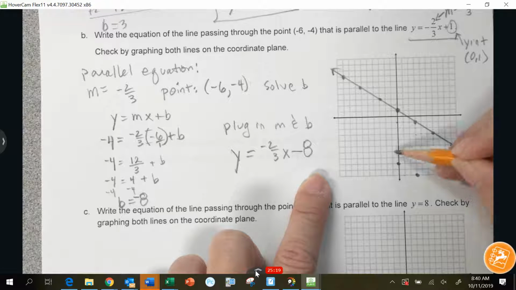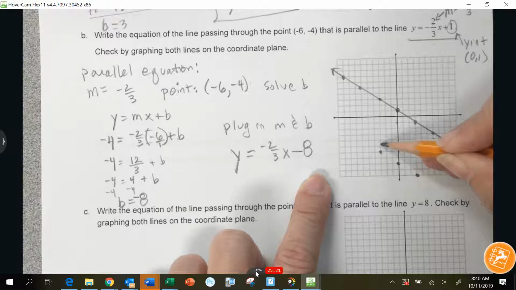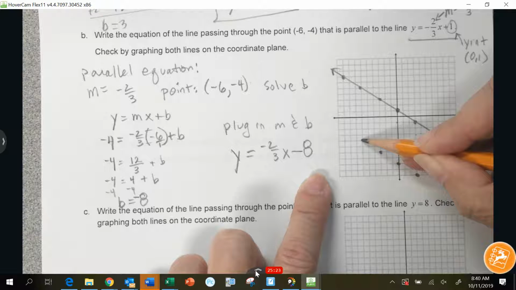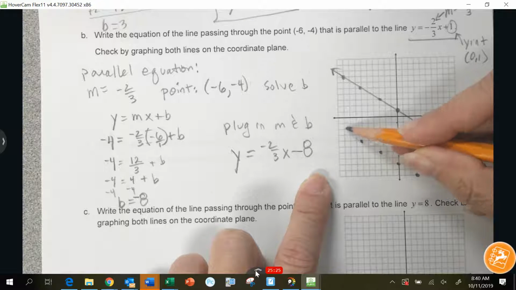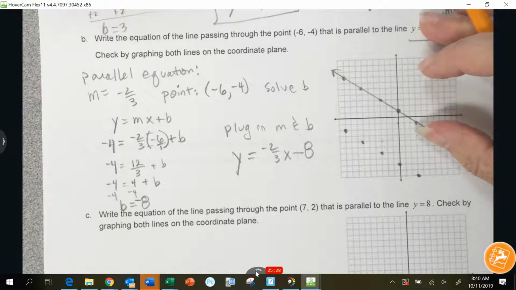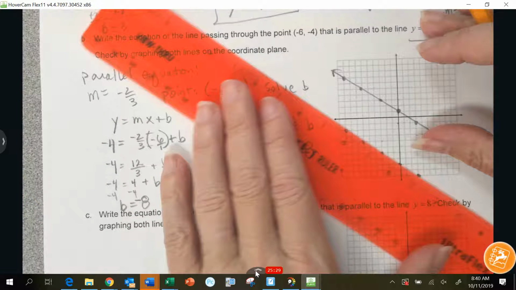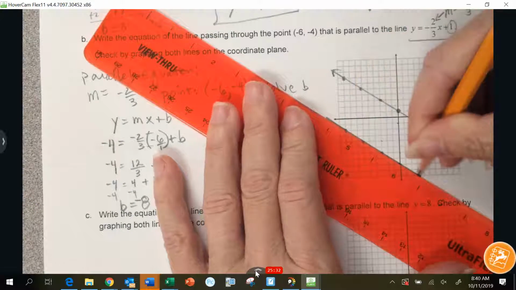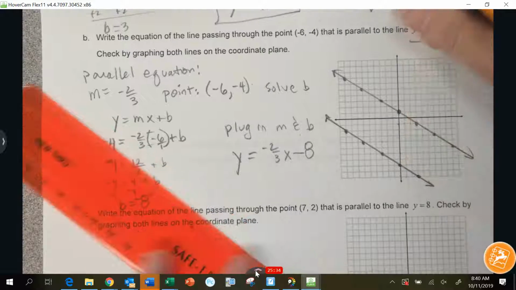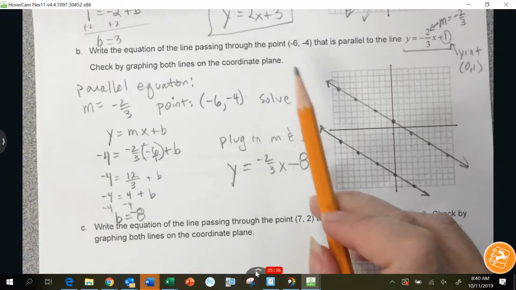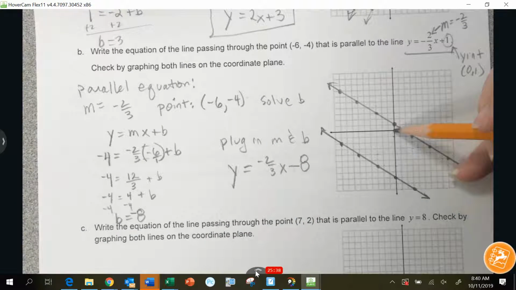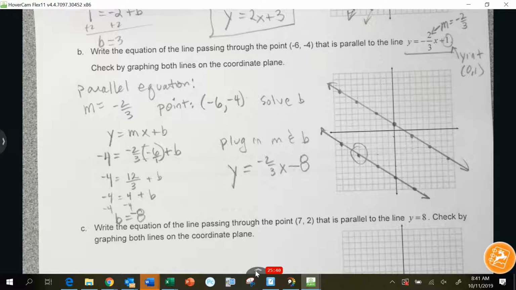Go up and left instead, okay. Up and left. And then as I'm connecting this with a straight edge, for checking my answer, it needs to pass through the point it told me it's going to pass through: negative 6, negative 4. It does. I must have done it right. Yay.